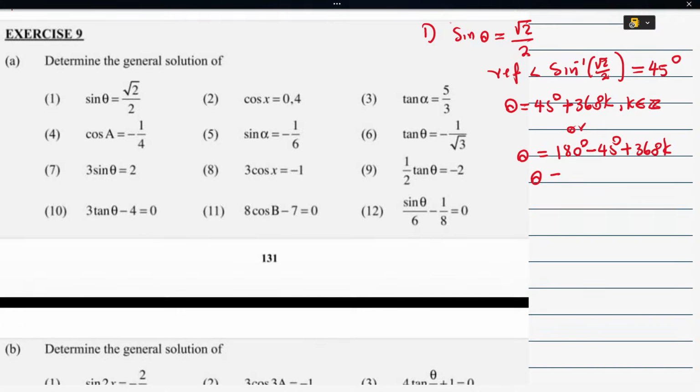So now you can conclude and say, therefore, theta is 135 degrees plus 360k. Remember, don't forget to write that k is an element of integers. That one is very, very important. That is the answer for the first one. Understood, guys? Is that clear?